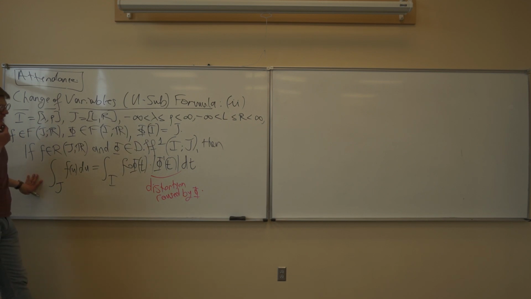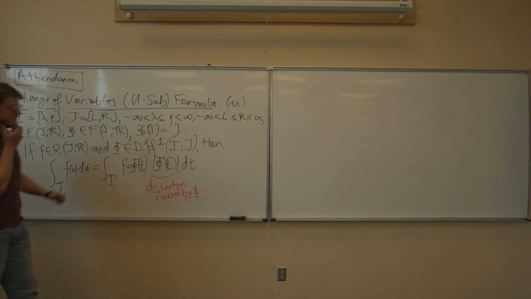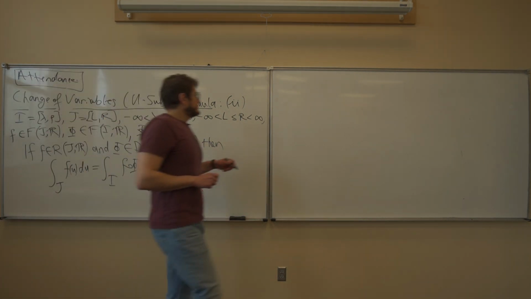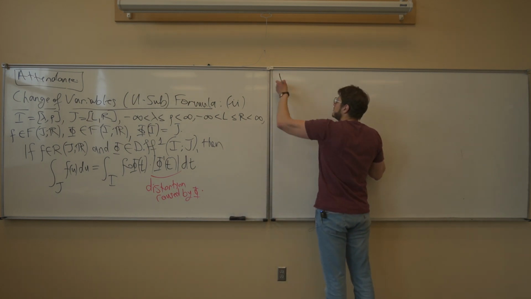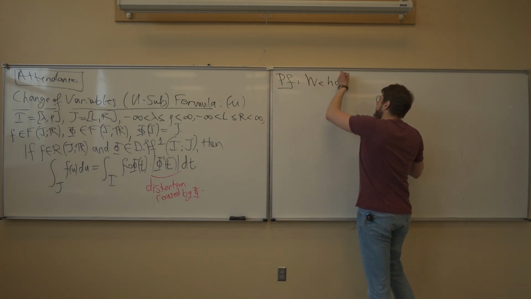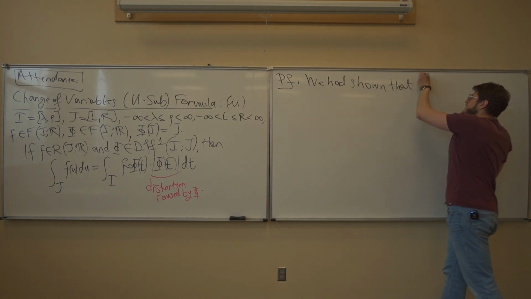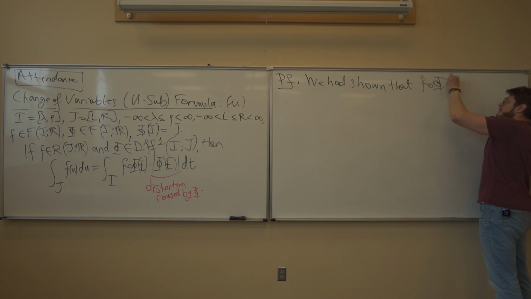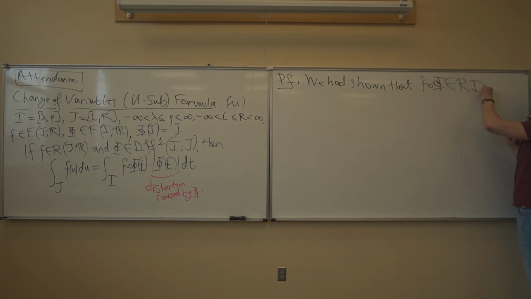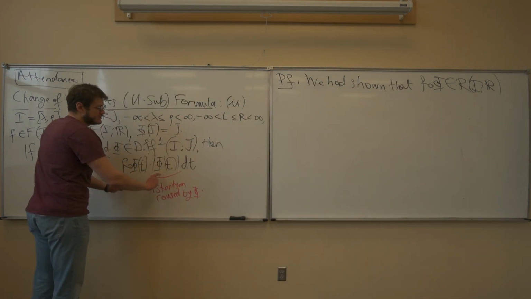And last Tuesday, I did show you that this guy on the right-hand side that I'm integrating is indeed integrable. I'm not going to do that again. So we had shown that f composed with phi is Riemann integrable on I, which implies by one of these exercises that this function is Riemann integrable.